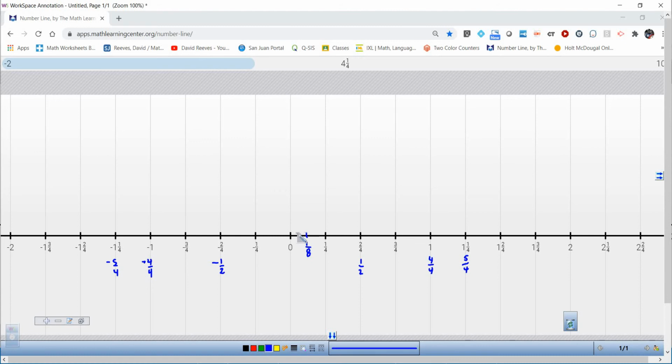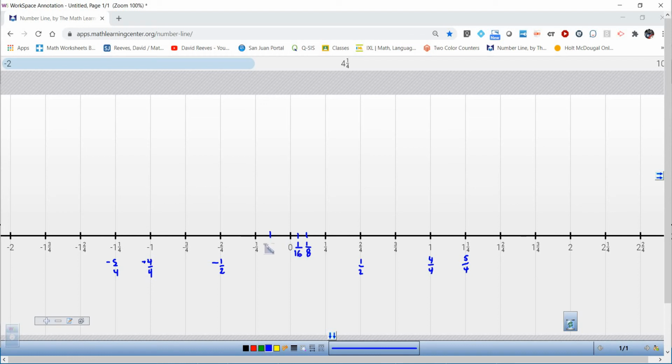And if I were to do that again, it would be 1/16. Do you see how the denominator is getting larger and larger, but the numerator is staying small? So the closer you are to 0, look for a bigger number on the bottom because you're making those pieces smaller and smaller and smaller.